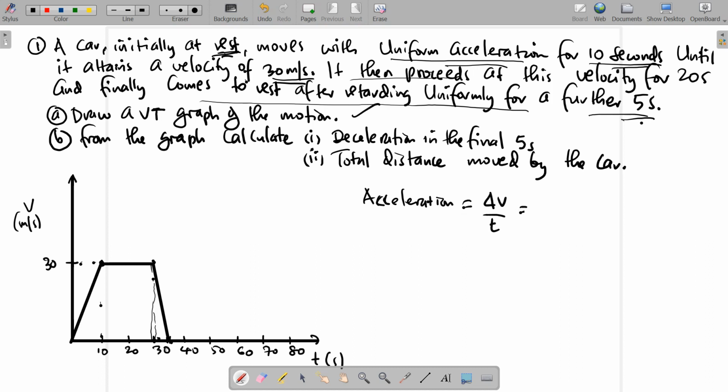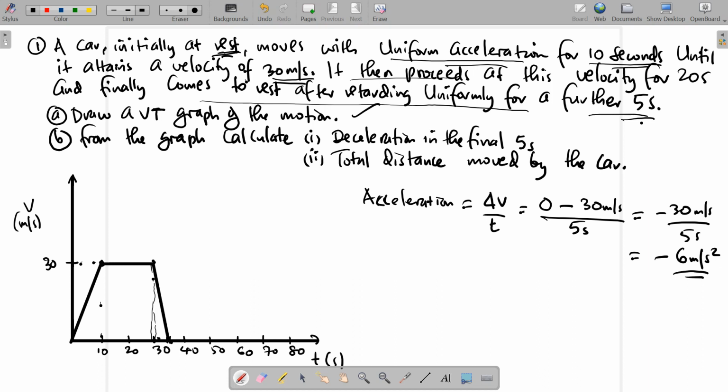So here, the final velocity is 0, minus the initial velocity. It started from 30 meters per second, divided by the period of time for the deceleration, which is 5 seconds. So when you calculate, it's negative 30 meters per second over 5 seconds. This gives you negative 6 meters per second squared. So this was the deceleration in that final 5 seconds.